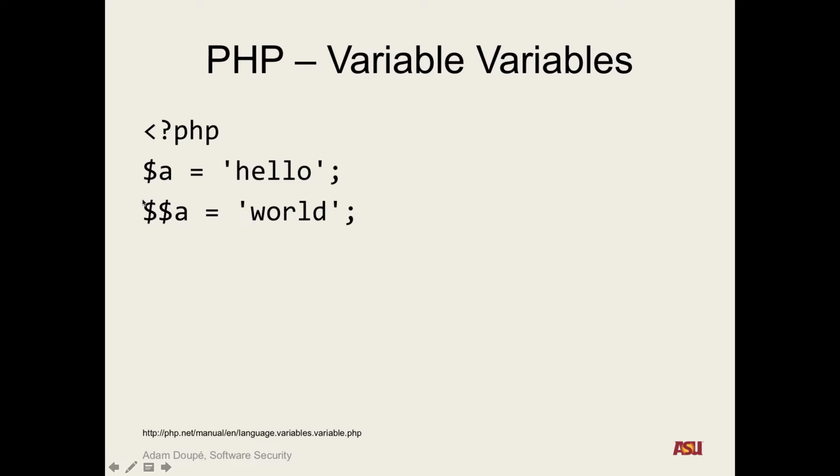Now here, the $$ means I'm creating a variable with the name of whatever's in $a. So this is creating a new variable $hello with the value world. So I can echo $a and echo $hello, and it's going to output hello world. So this automatically created a variable in this scope.